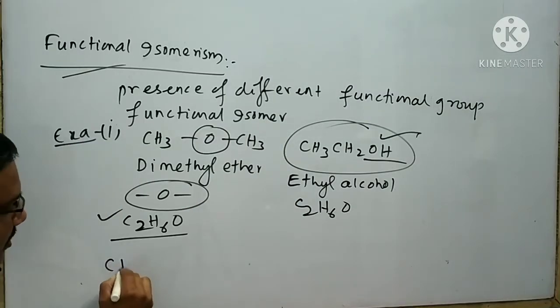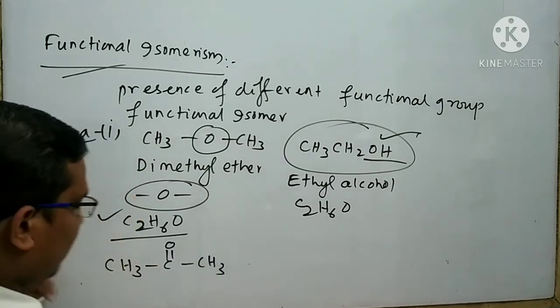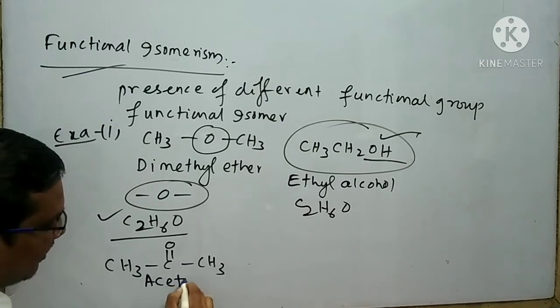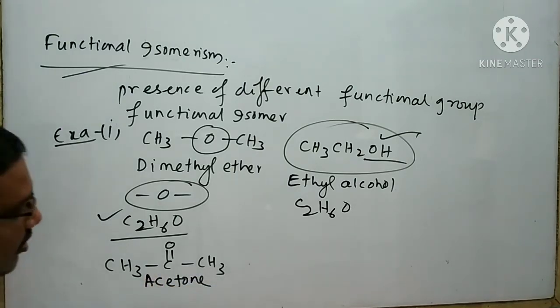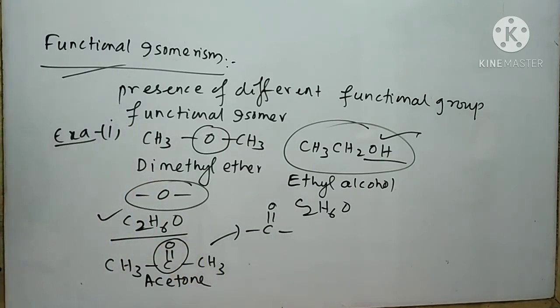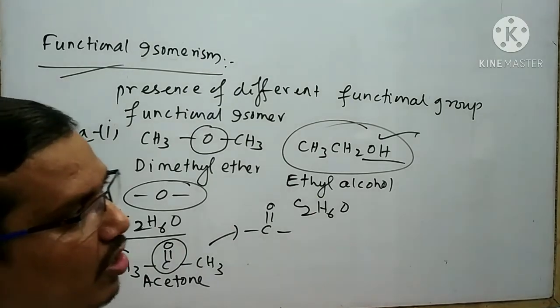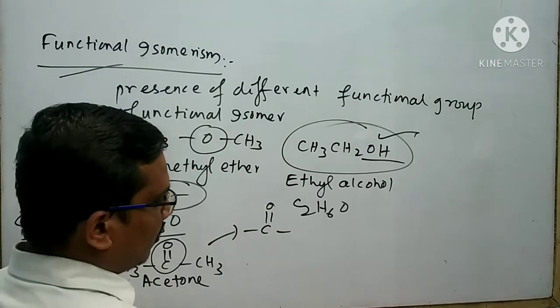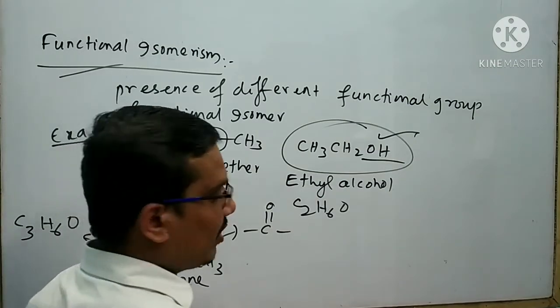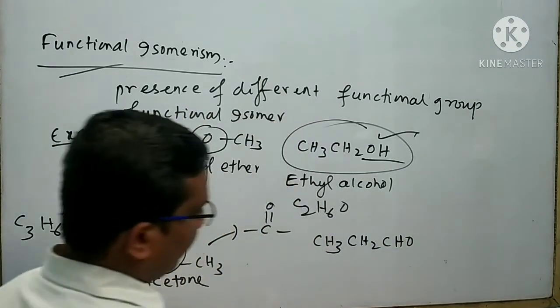Take another example, CH3 bond C double bond O bond CH3. The name of this organic compound is acetone. Here ketone is the functional group. This is your keto functional group. The molecular formula of this organic compound is C3H6O. I can draw another organic compound. Suppose I want to draw an organic compound like this, CH3, CH2, CHO.